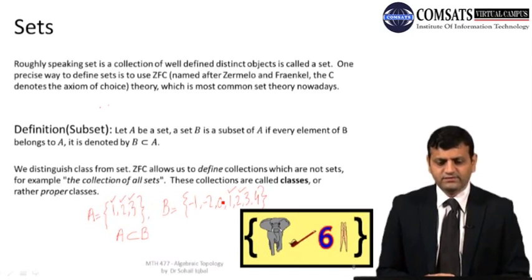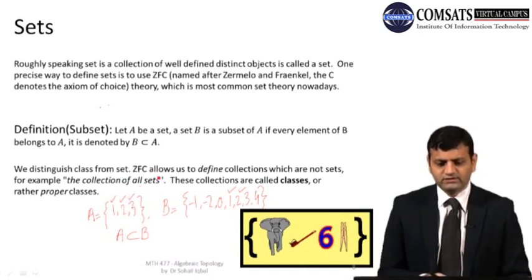The point is there is a difference between the word set and the class. A class is basically some sort of very big collection of objects, so big that the definition of set can't cover this collection. For example, the collection of all sets is not a set, so it's a class.